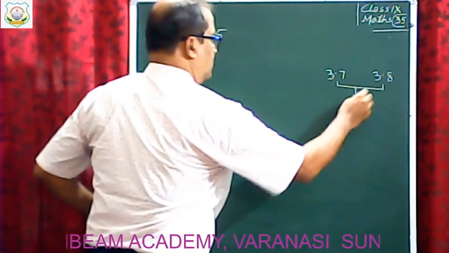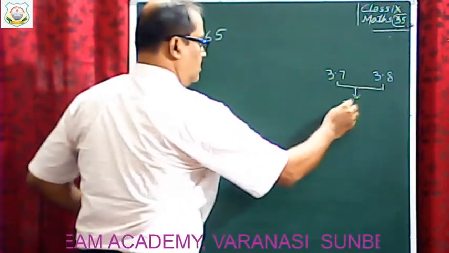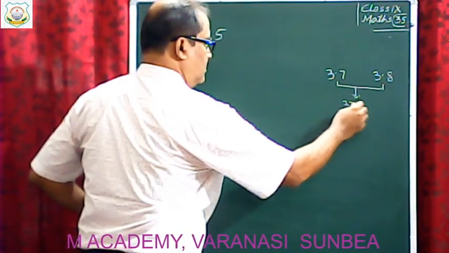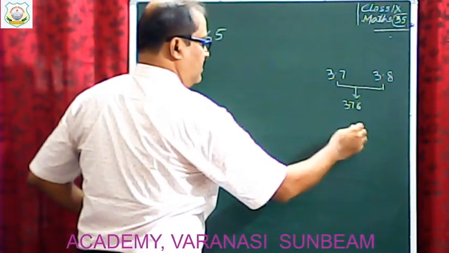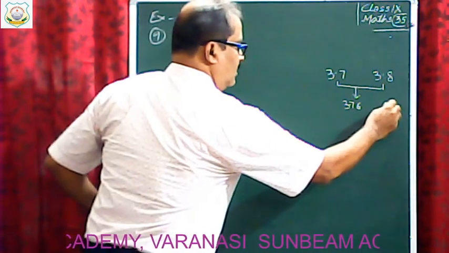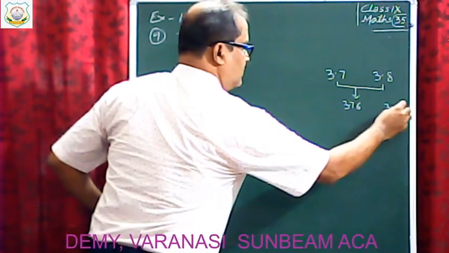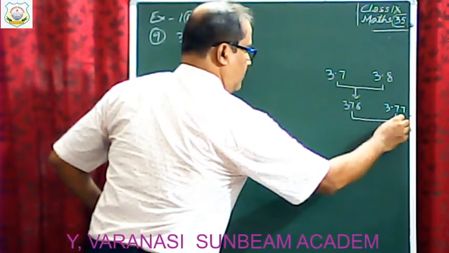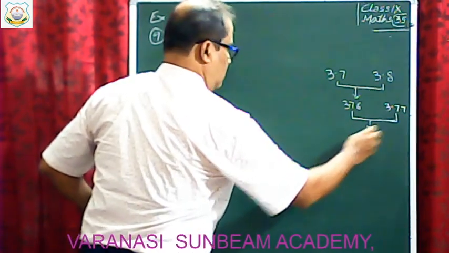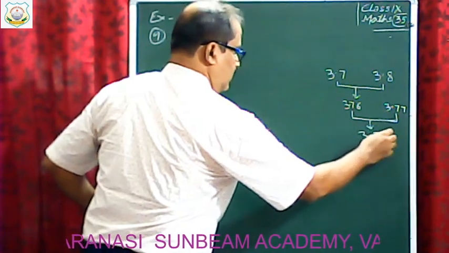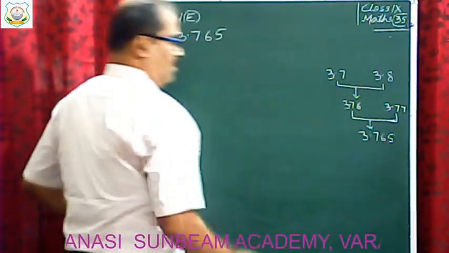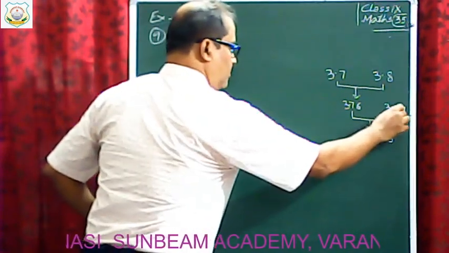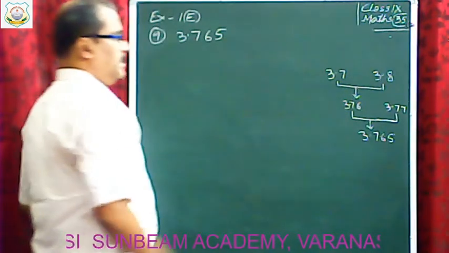Thereafter we get 3.76 and 3.77, and between them we get 3.765. Okay, this is the tree of the number.